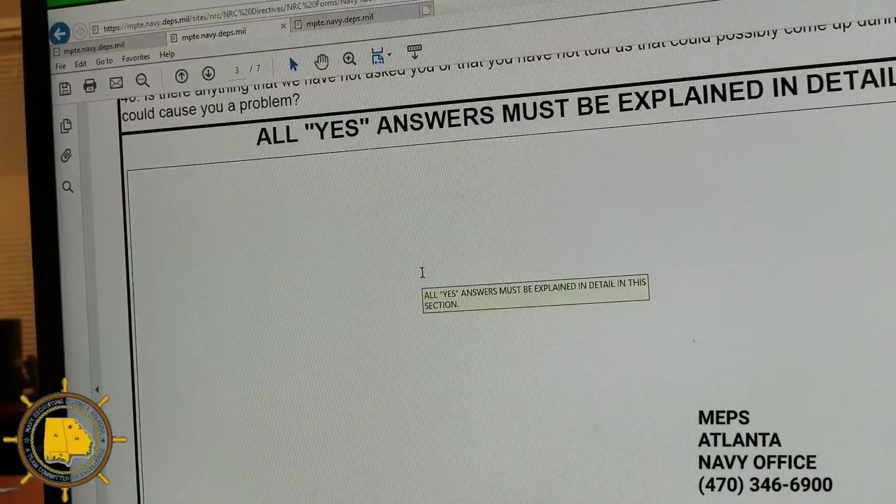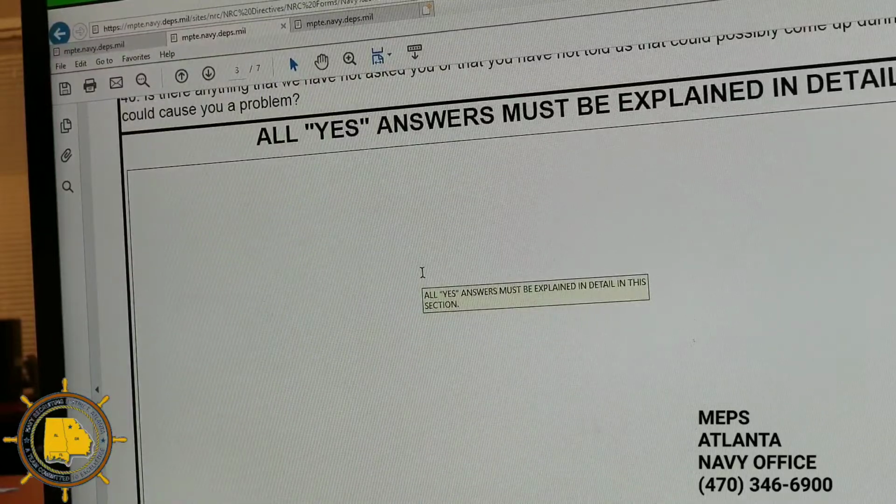Another typical question is for people who have relatives that are foreign born. They only care about immediate family members. That's mother, father, brother, sister. They don't care about aunts. They don't care about uncles. Now, if they have foreign family members that are closely related, like a father, mother, brother or a sister somewhere in another country, but the actual applicant is U.S. born, they need to explain whether or not they maintain close communications with that relative.